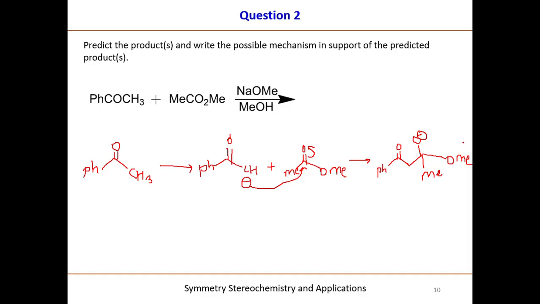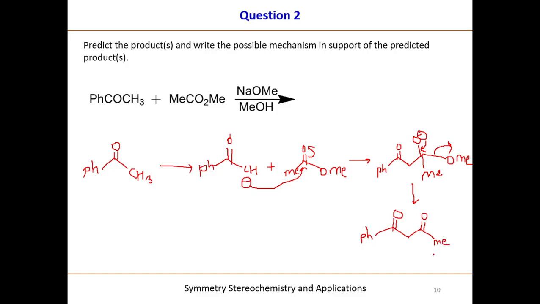Now in the next step, this O minus negative charge will push here and this OMe group will knock out to give a diketone compound. Phenyl, oxygen, Me.